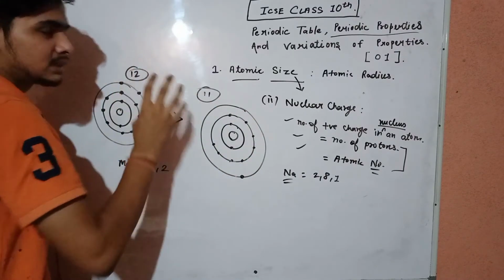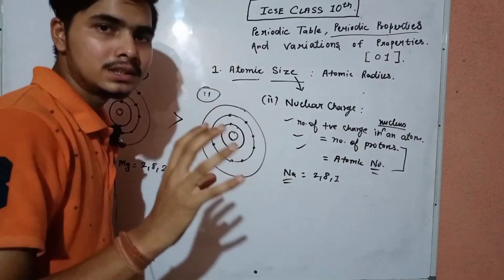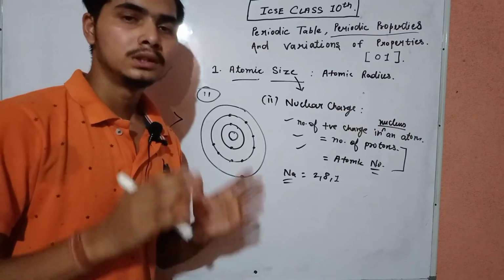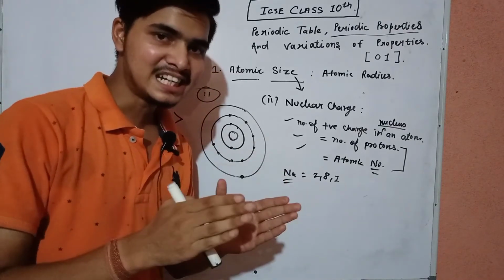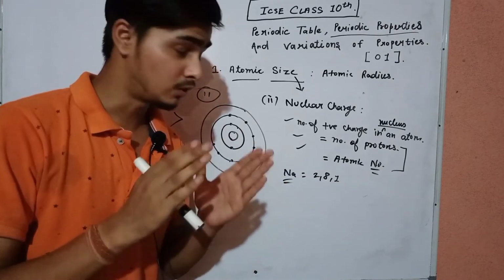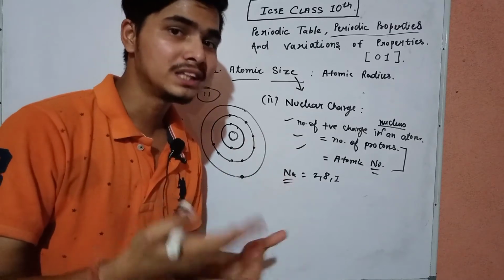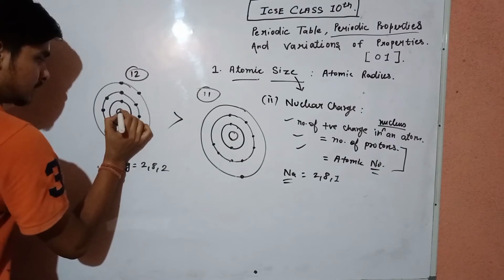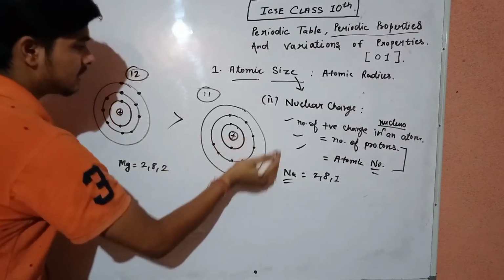The nuclear charge is the positive charge, and you know that positive and negative, do they attract or repel? They attract each other.